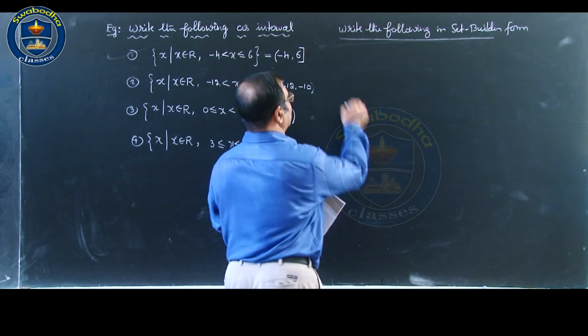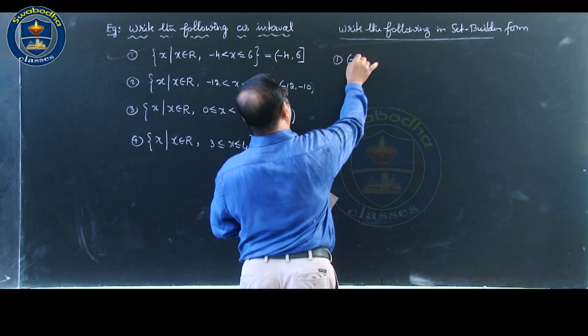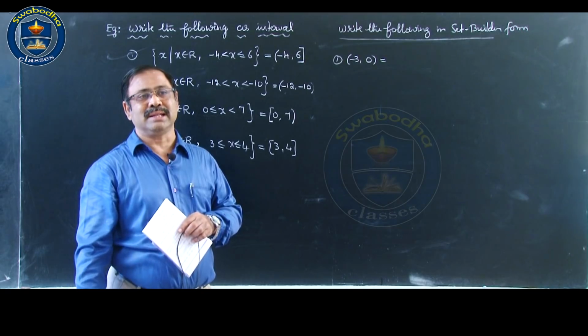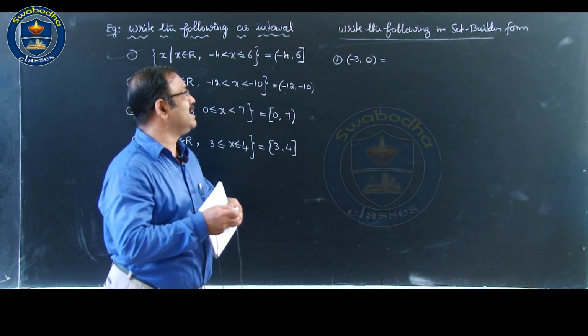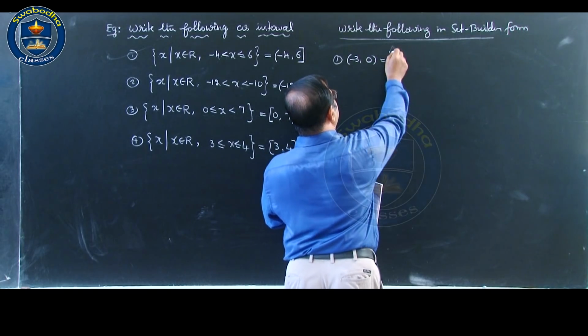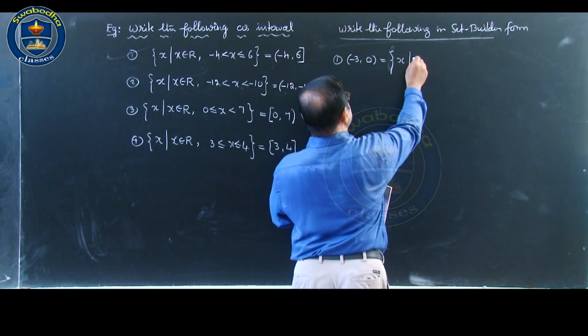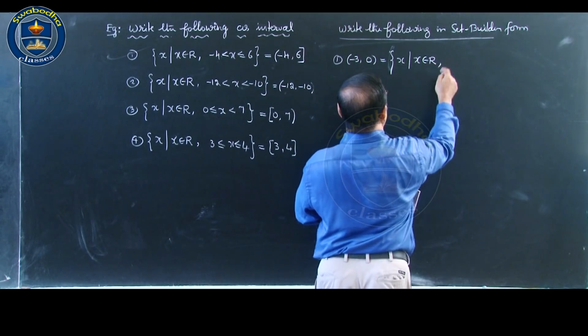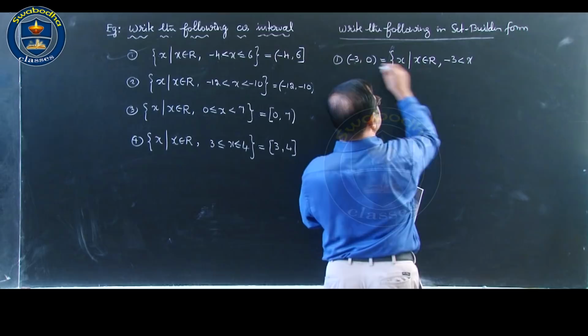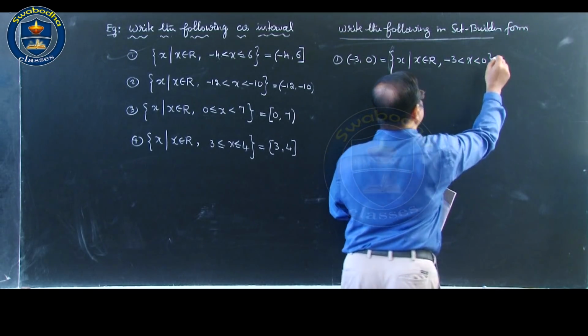Now, the first one, say (-3, 0). This is an open interval (-3, 0). So, how do we write this in the set builder form? It is nothing but, see, the set of all x, x belongs to R, comma, x is strictly greater than -3, less than 0.